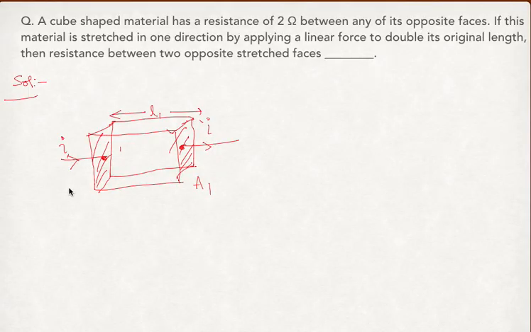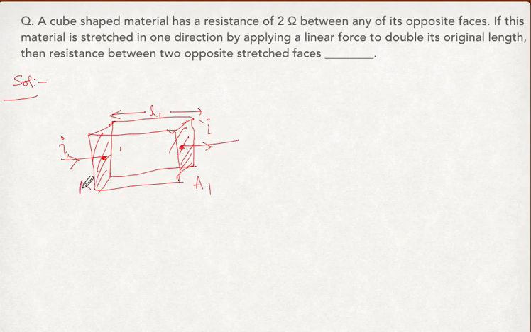Now let us take a question depending upon the concepts discussed previously. In this question we have a cube shaped material which has a resistance of 2 ohm between any two opposite faces.